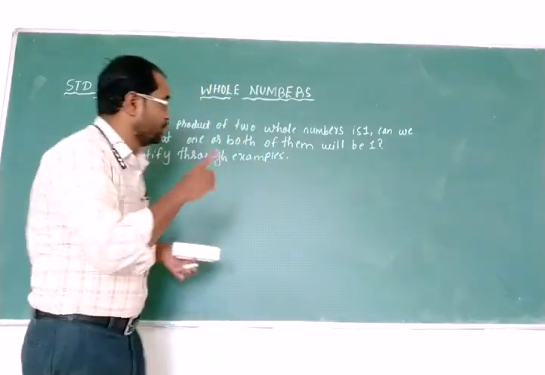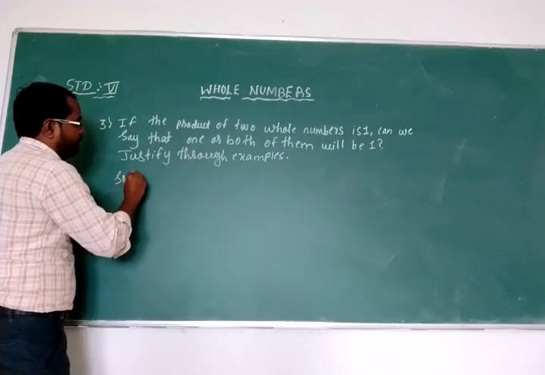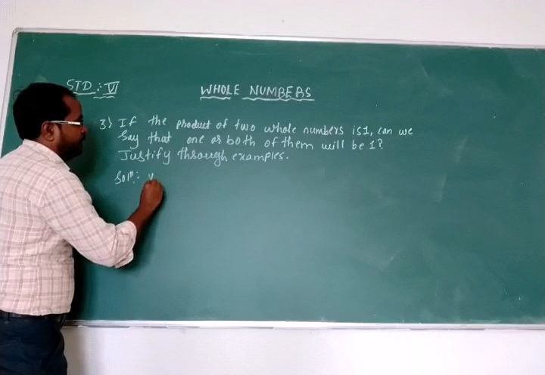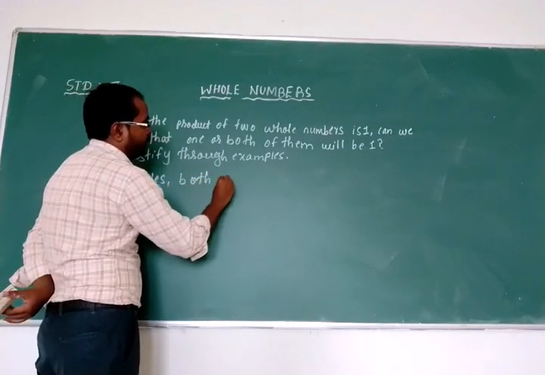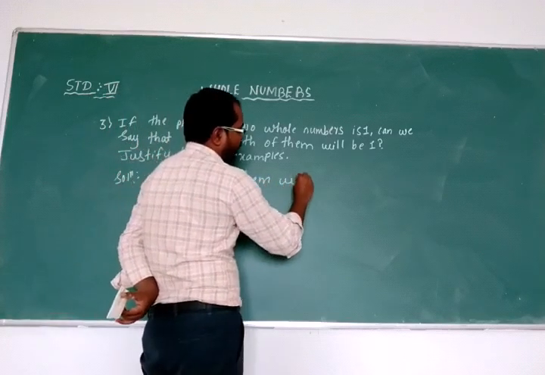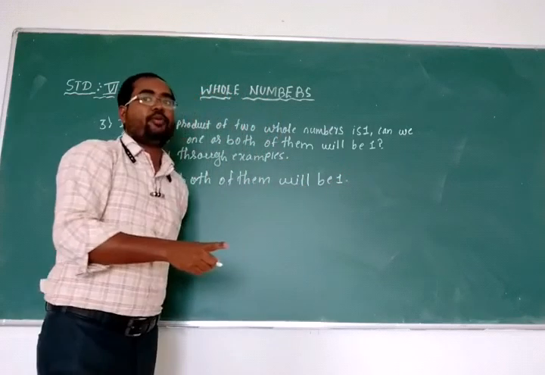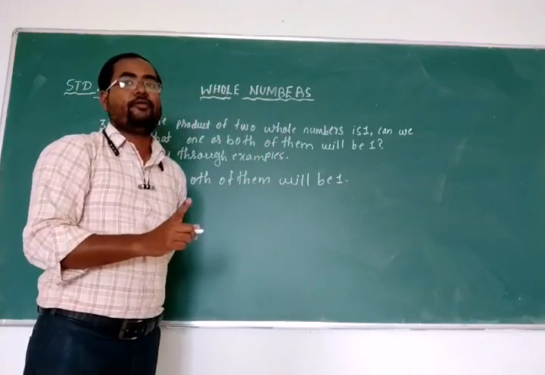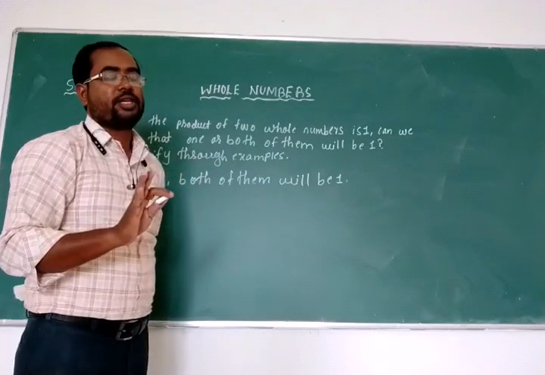So what should be our answer here? Yes, both of them should be 1. Then only you will get 1. If it is another number, there is no chance of getting 1.